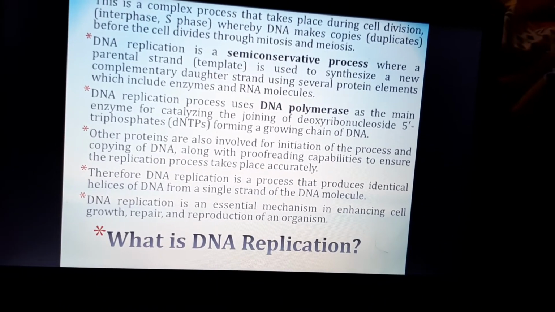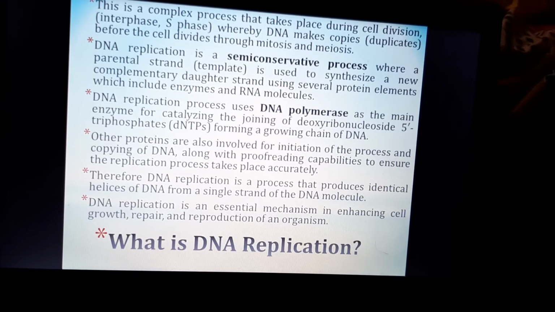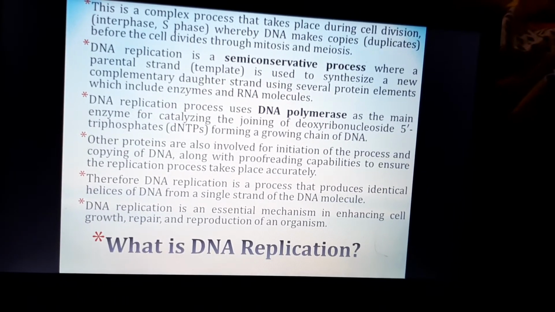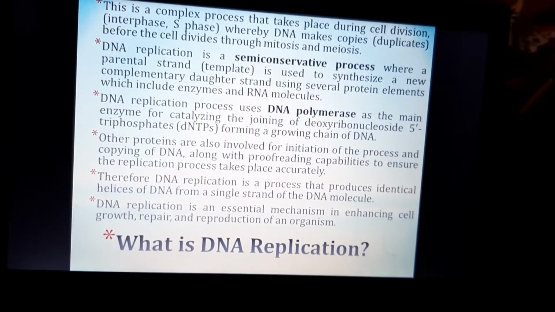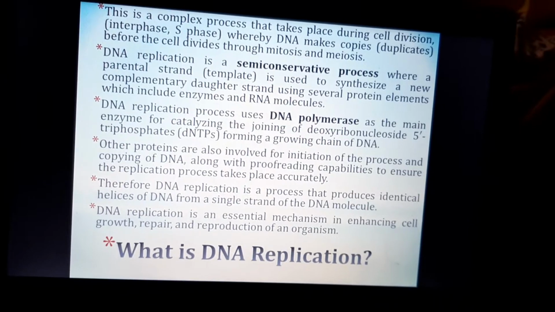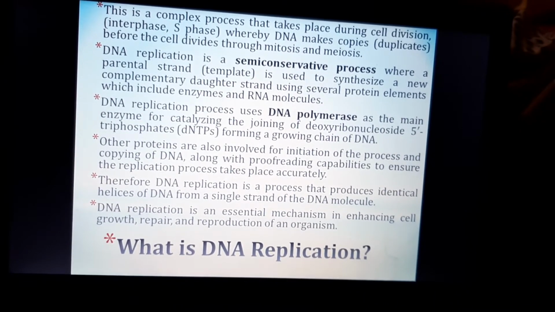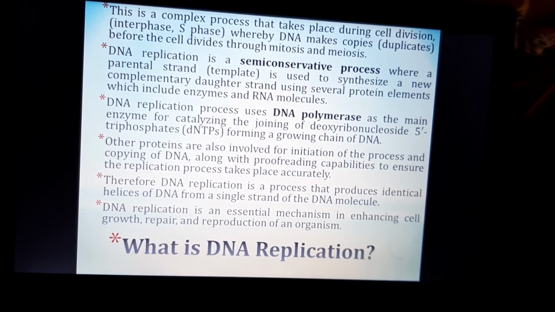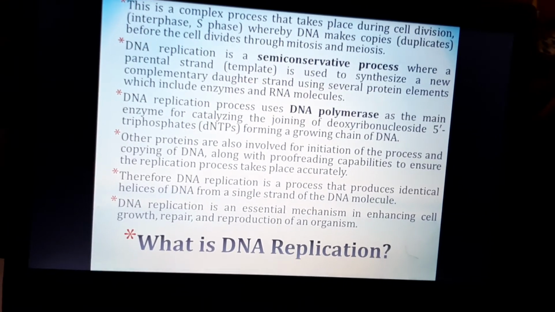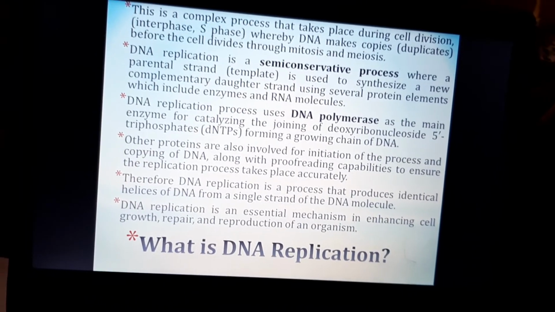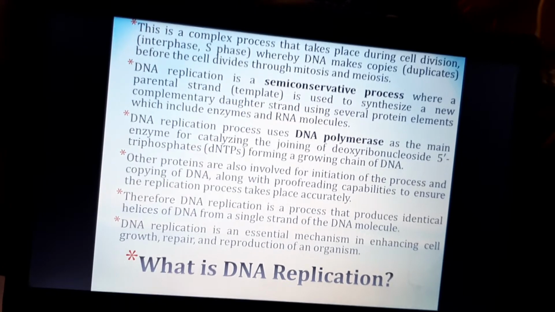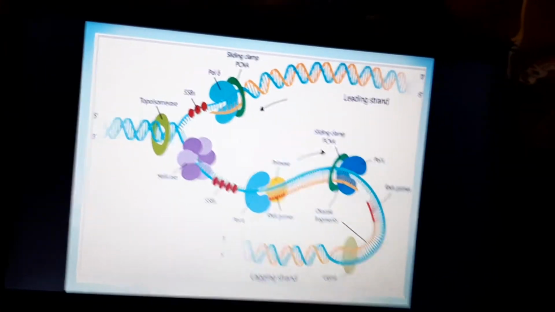Other proteins are also involved in initiation and copying of DNA, along with proofreading capabilities to ensure the replication process takes place accurately. Therefore, DNA replication produces identical helices of DNA from a single DNA molecule. It is an essential mechanism for cell growth, repair, and reproduction of organisms.